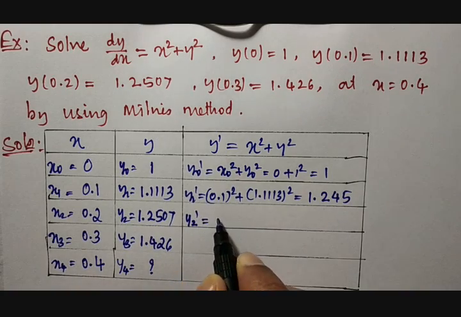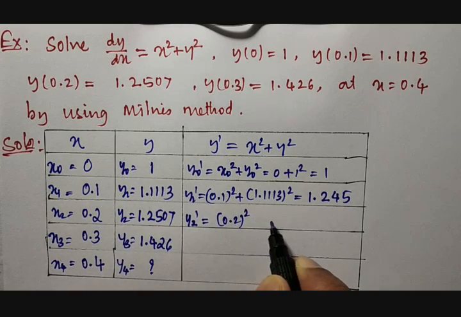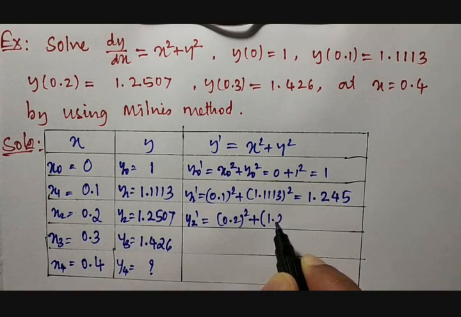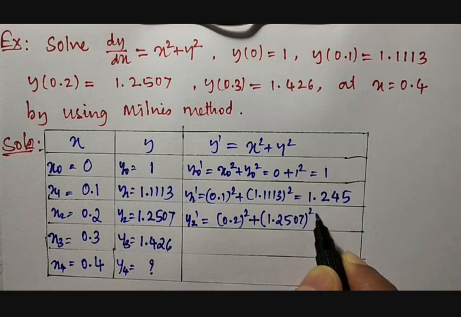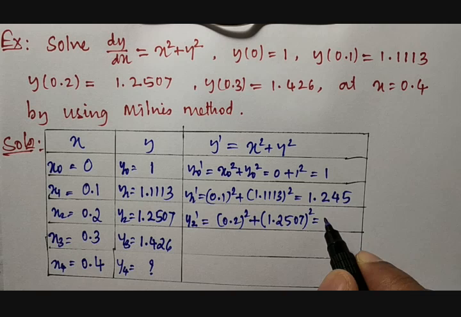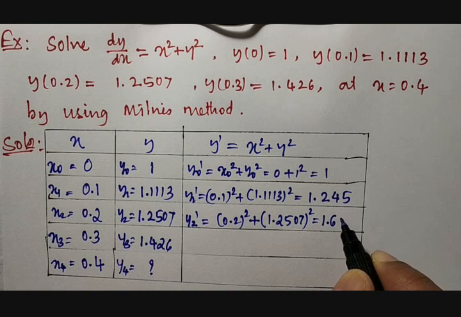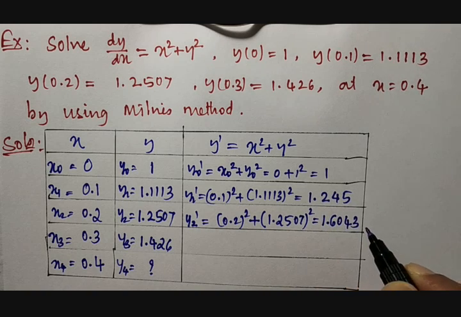Similarly, y2 dash, that is 0.2 square plus 1.2507 square, which is equal to 1.6043.